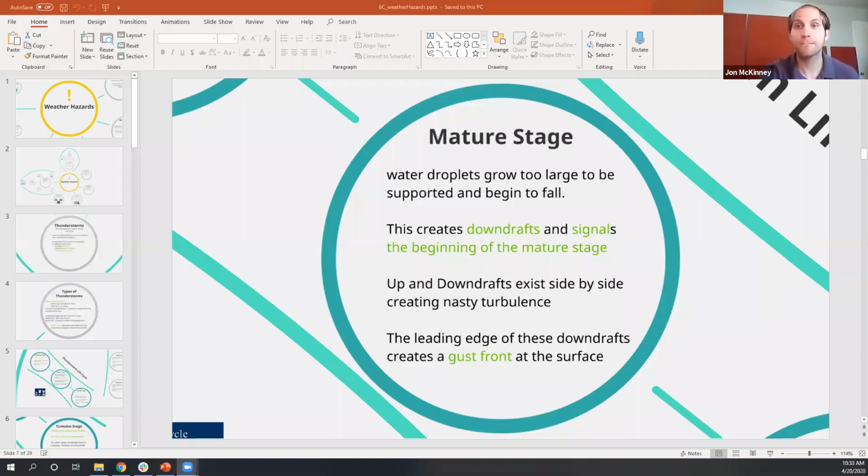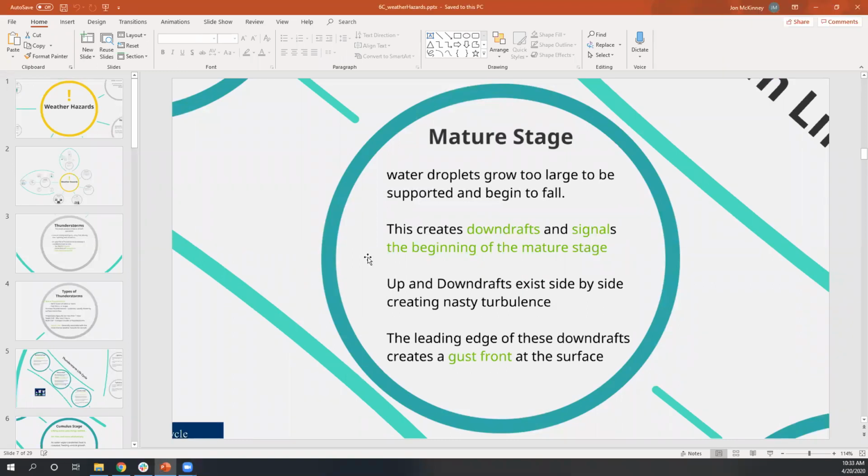finishing up our conversation on weather theory. To finish up our conversation on weather theory, this will be chapter 6, section C. I'm going to click the button. We'll see if we can get the screen share working for us. Are you guys seeing a PowerPoint presentation about weather hazards, mature stage? Yep.